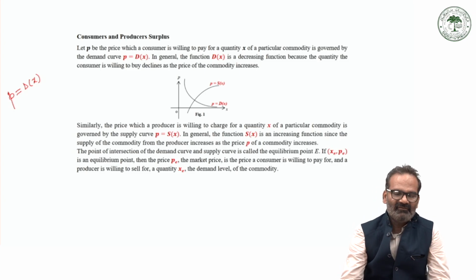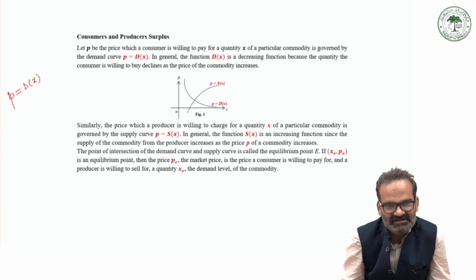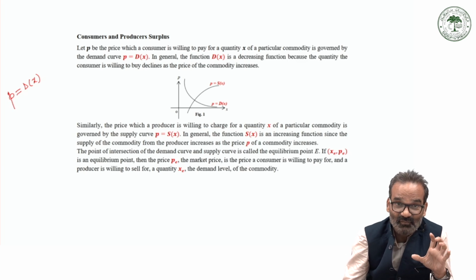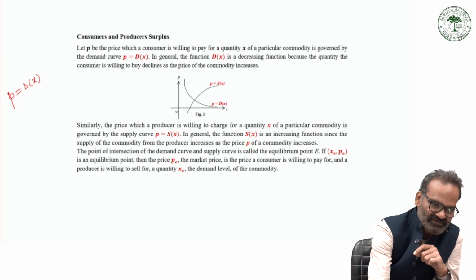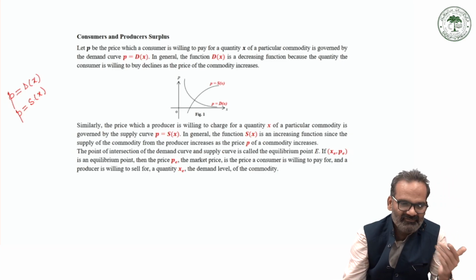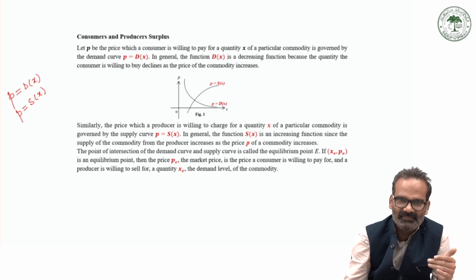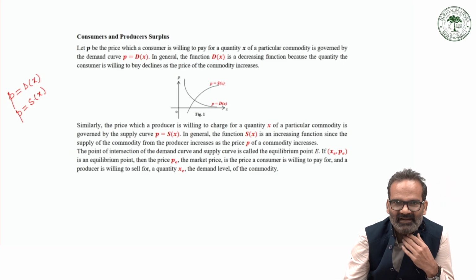Similarly, we have another function which is known as the supply function. The price which a producer is willing to charge for a quantity X of a particular commodity is governed by the supply function, which is written as P = S(x). S means supply; I have taken D for demand, S for supply, right? So what does it mean?